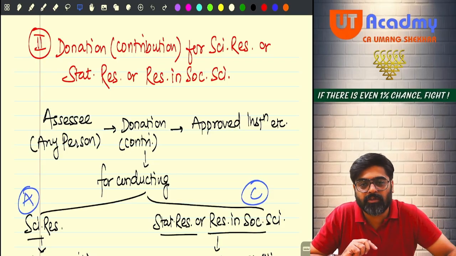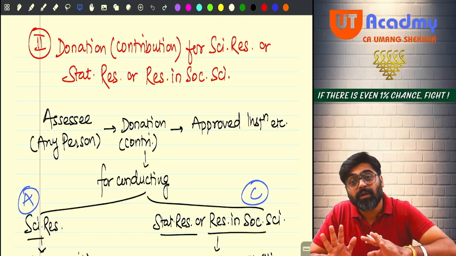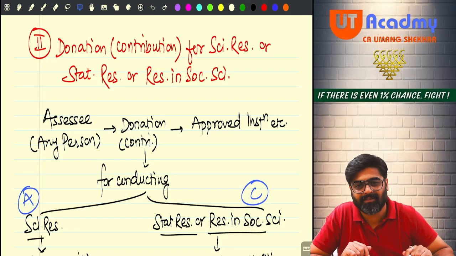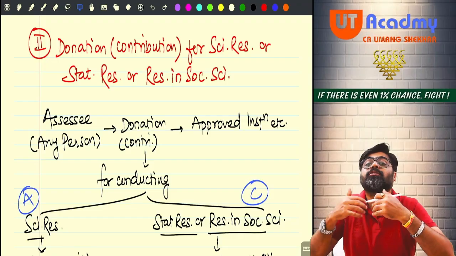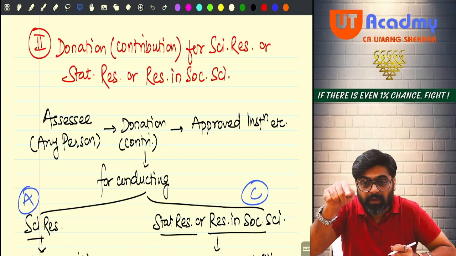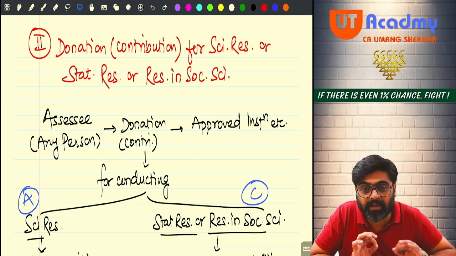See, have you heard about ISRO? Indian Space Research Organization. What is it? It is an approved institution, approved organization, approved association which conducts space research. The government has given the approval to conduct space research to ISRO. Have you heard about Bhabha Atomic Research Center?